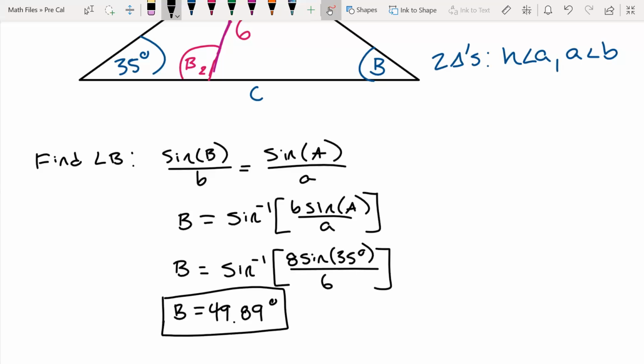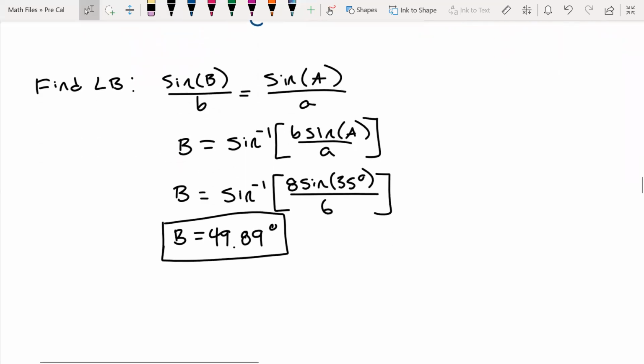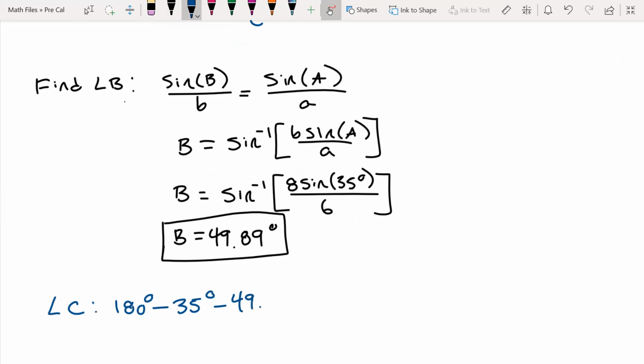Which means that if we know angle A and if we know angle B, this means we can solve for angle C. And that's going to be 180 minus 35 minus 49.89.